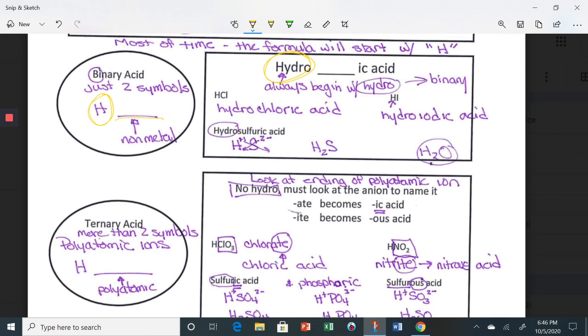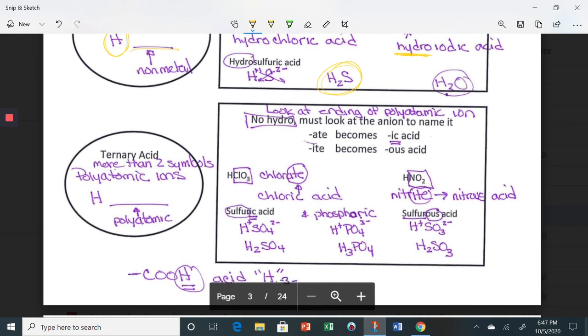Starting with hydro tells you it's just H and the symbol of the element, and then you do a crisscross. If you see binary, when you go backwards, it has to start with hydro, and then you do the symbol ic acid.